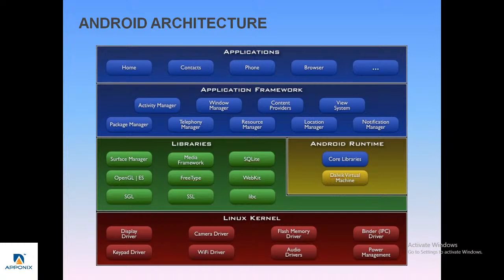Next, the resource manager. Here in the UI part, the user interface part, we get two options: XML and the coding part. In the XML part, we'll be designing, and by using the view system, we can drag and drop the view.